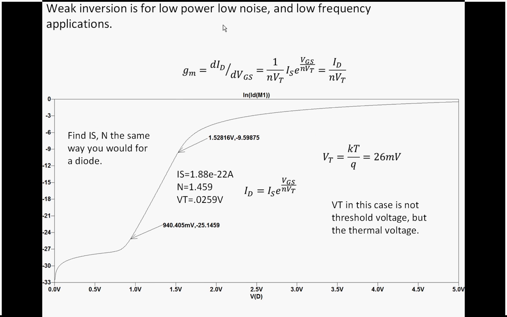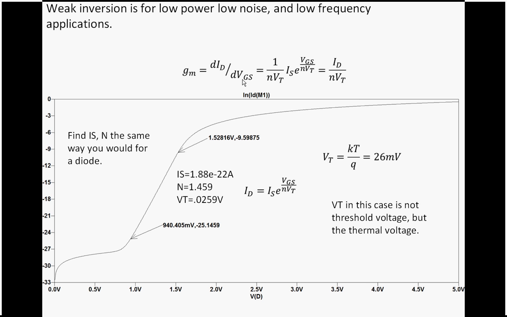So let's talk about weak inversion. Now, weak inversion just means that you're well below the threshold voltage of the device. GM is still the derivative of the drain current with respect to the gate to source voltage.